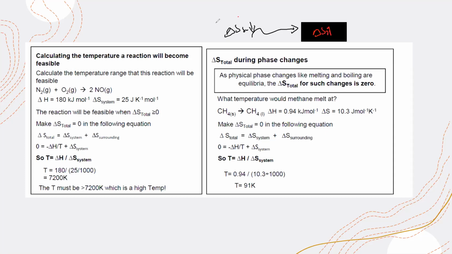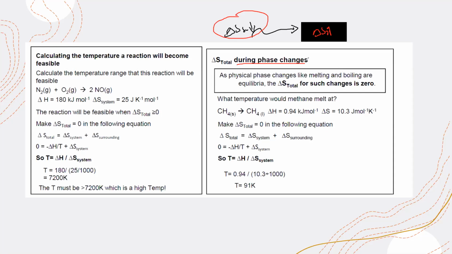If the surroundings decrease by 10, the system will increase by 10. So one is plus 10, another is minus 10. That's why the total entropy during a phase change is 0.